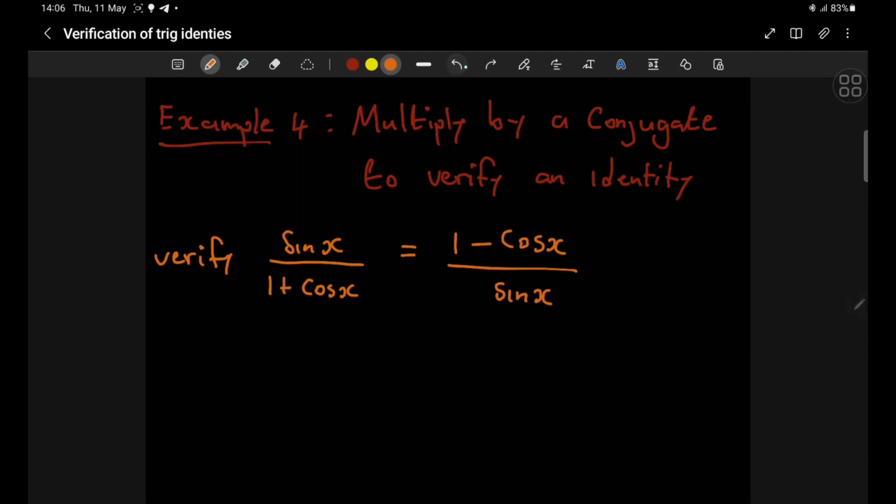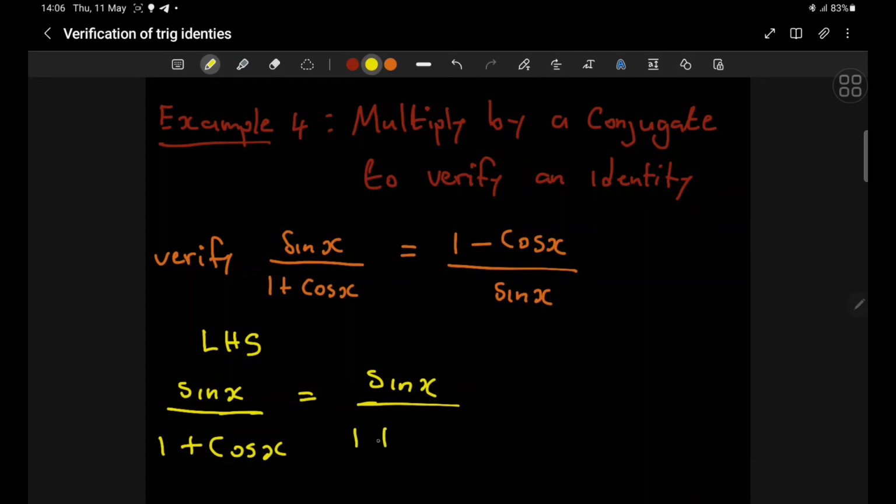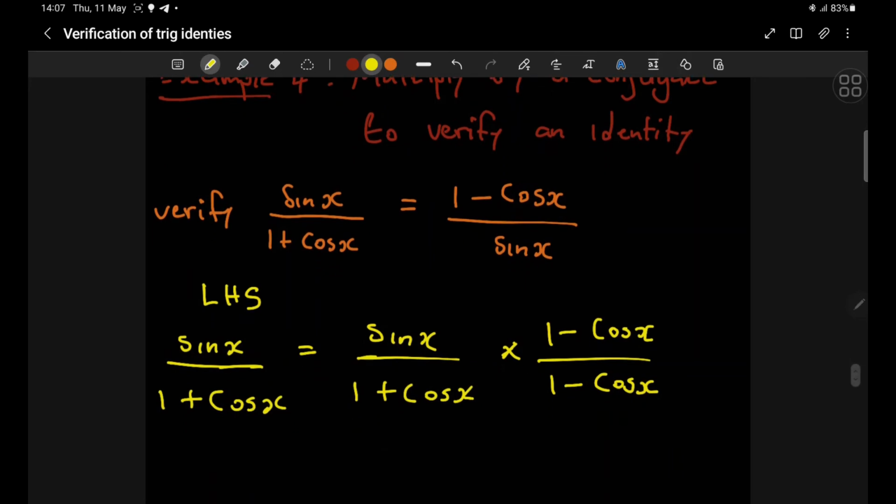So let's do that. In this case, we'll pick the left hand side. So that is this expression. Getting to multiply this with a conjugate, that is 1 minus cos x, we multiply it with a conjugate.